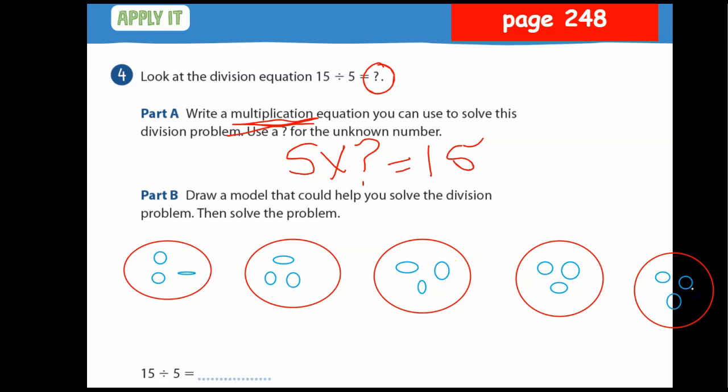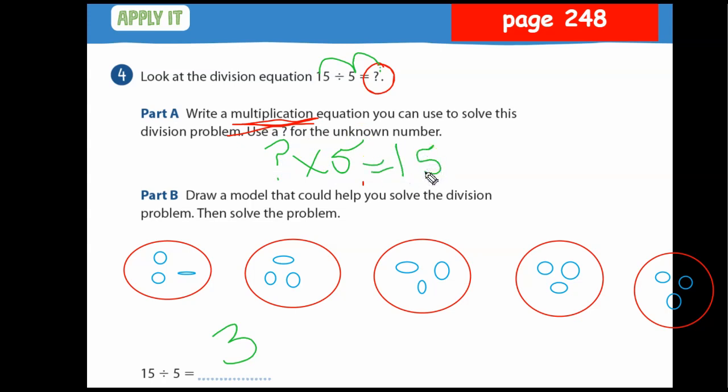Now, how many in each group? 3. So now I know that 15 divided by 5 is 3. When it asks you for a multiplication equation, I'm just going backwards. It's the question mark times 5 equals 15. Or I can go 5 times question mark equals 15. One of those two would work because they're a part of the fact family.